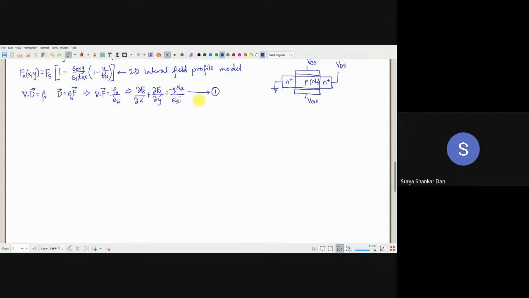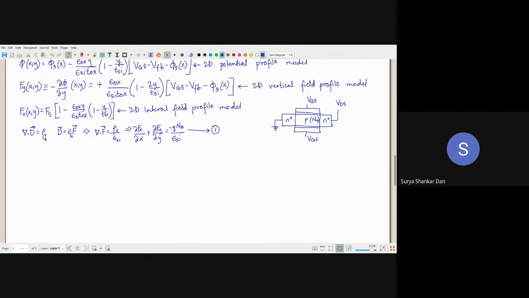Now we have to figure out the expressions for del Fx del x. Fx we already have here, right? So instead of this Fs, let us put the actual expression, minus d phi s dx.